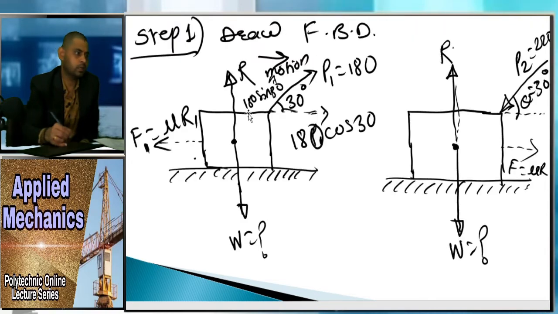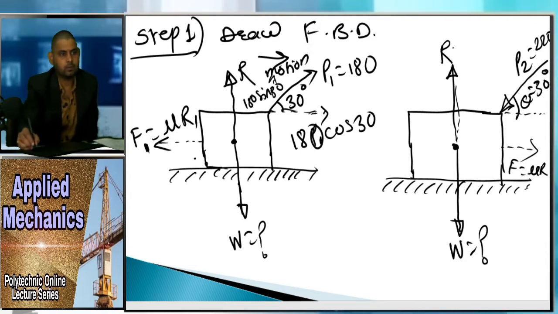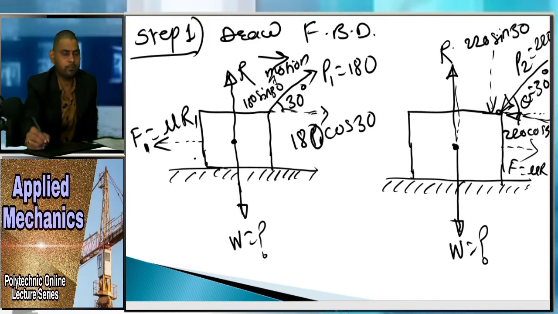Here you can see this F goes towards the right side, so this is positive. The other force resolves in two ways: 220 cos 30, and 220 sin 30.